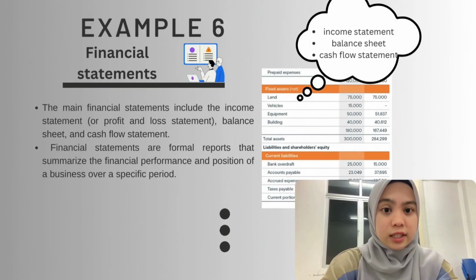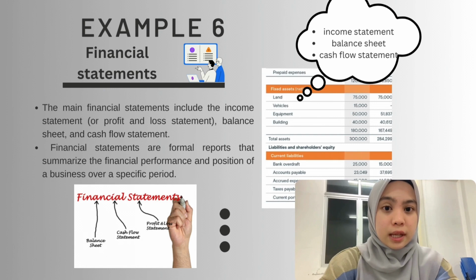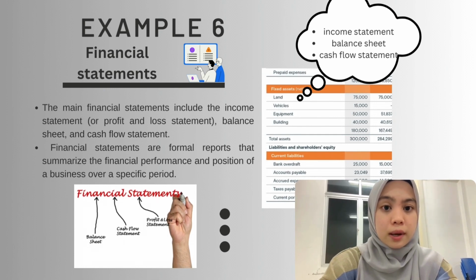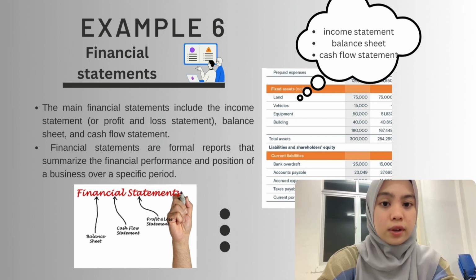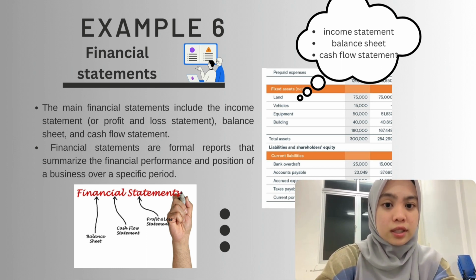And then financial statements. Critical documents that provide a snapshot of the company's financial performance and position. They are typically prepared at the end of a reporting period, such as quarterly or annually, and are essential for various stakeholders, including investors, creditors, regulators, and management.